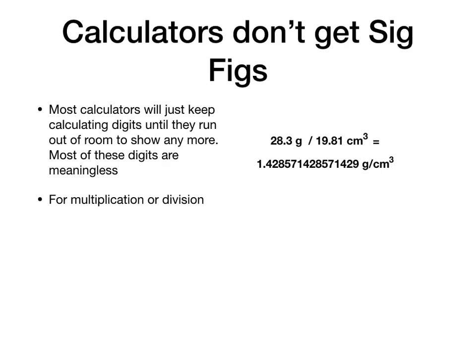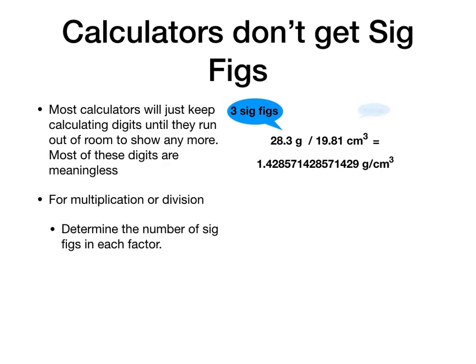For multiplication or division, what you do is first you look at the factors that were involved in the calculation, and you determine the number of significant figures in each factor. So in this case, our two factors are 28.3 grams and 19.81 cubic centimeters. When we look at those, we can see that the 28.3 grams is only accurate to 3 sig figs, and the 19.81 was actually accurate to 4 sig figs.